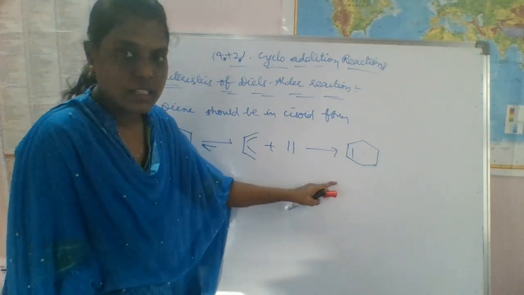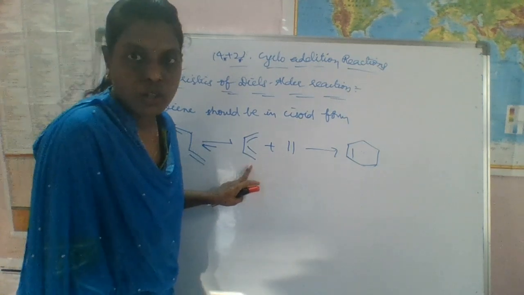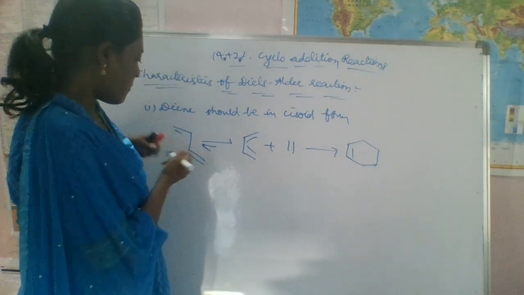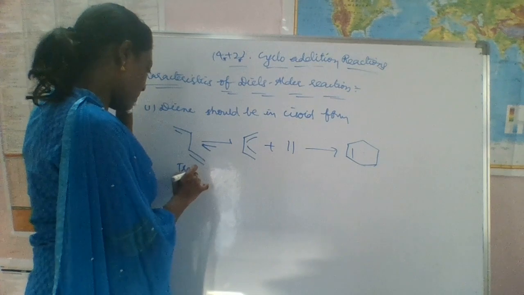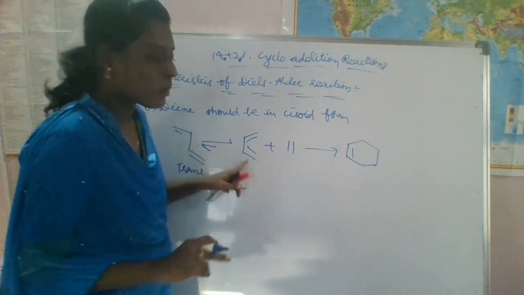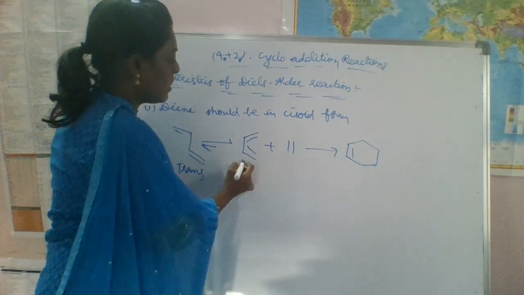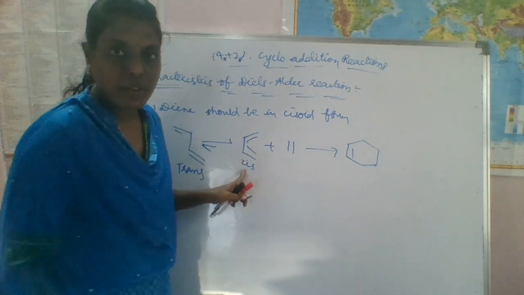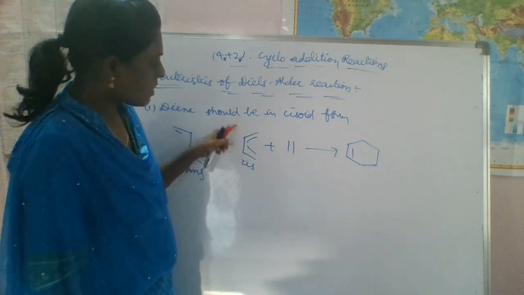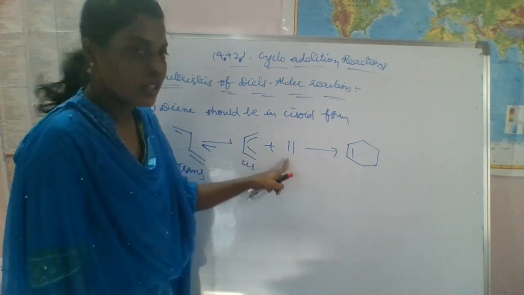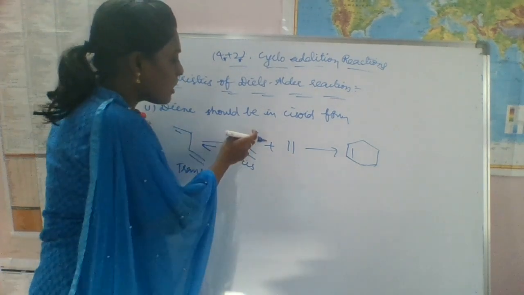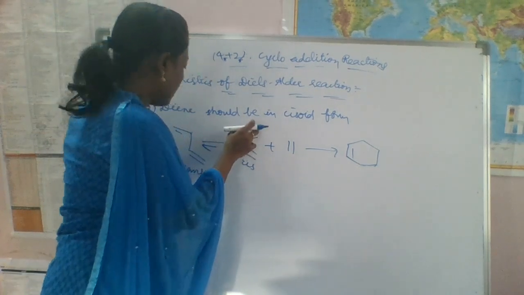First, it is converted into cissoid form, right? This is a transoid form, right? This is trans, and what will happen? It is converted into cis form, right? Cis, and when it reacts, this cis form will react with this one, because see here, this is the mode it will interact, right?